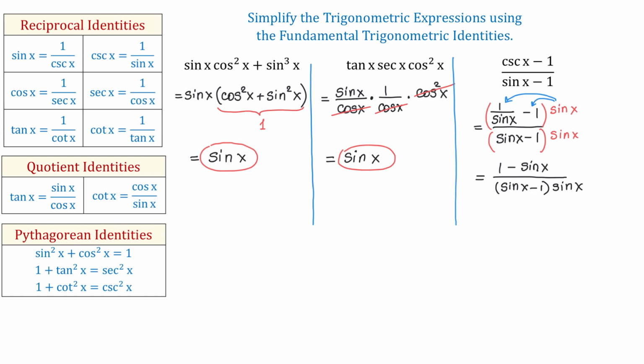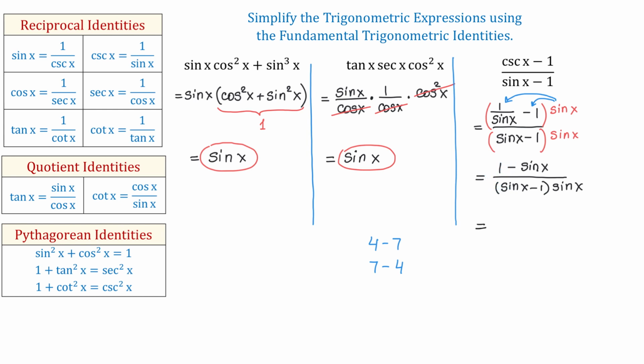And now let's see if there is anything to cancel. Is 1 minus sine of x the same as sine of x minus 1? No, they are not the same, just like 4 minus 7 is not the same as 7 minus 4. But what we can do in the numerator is to factor out -1, and then these two expressions will be the same.